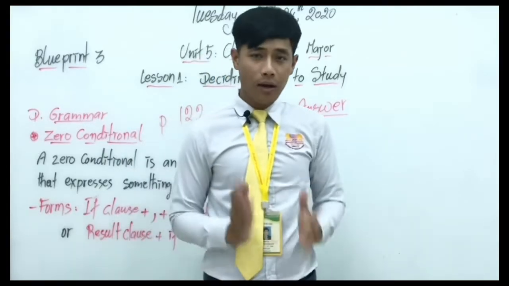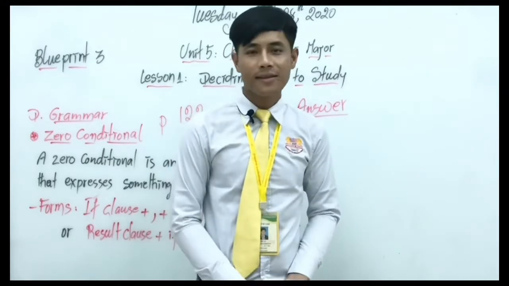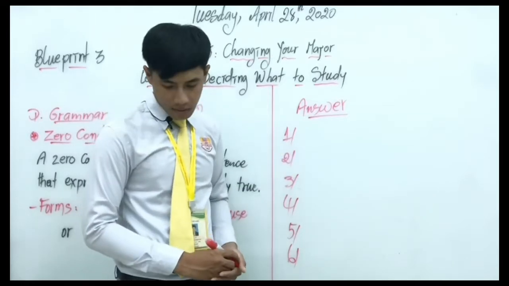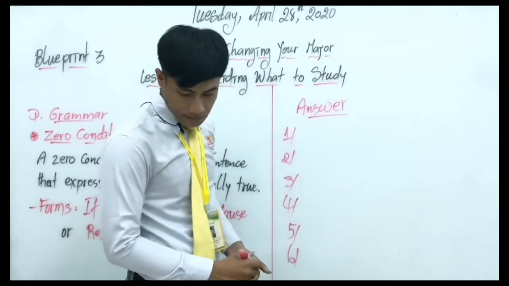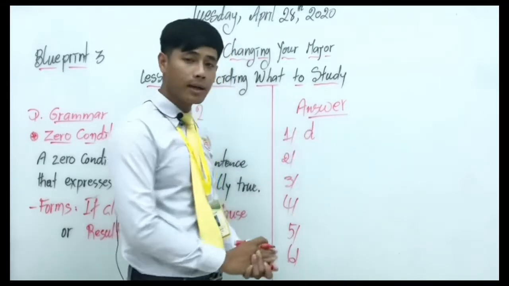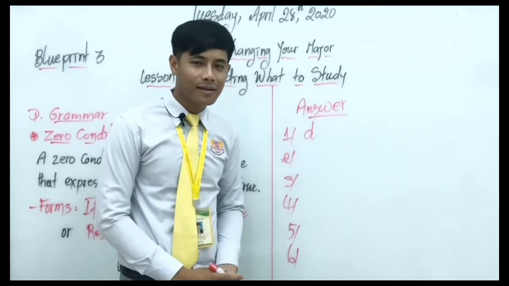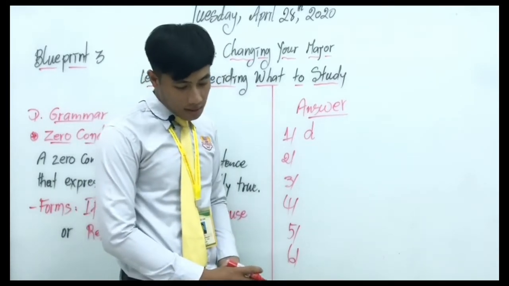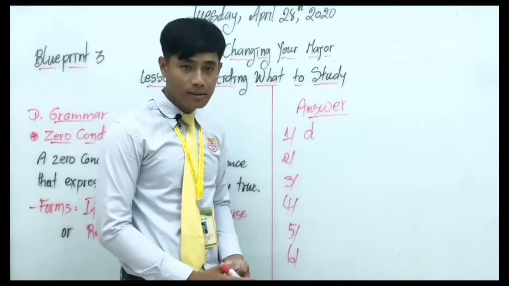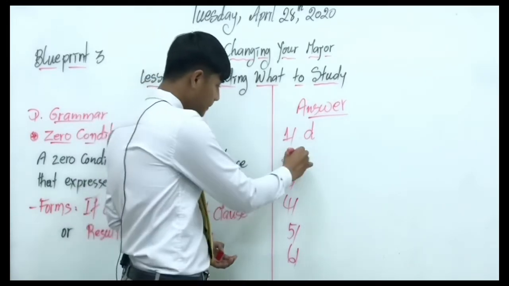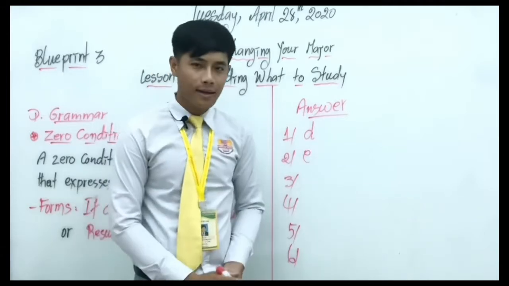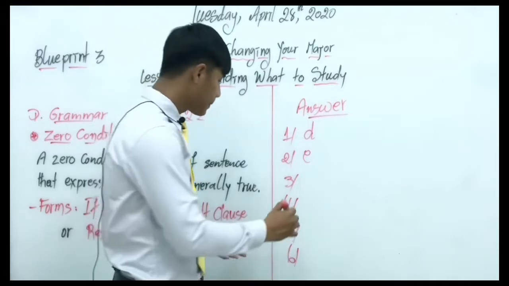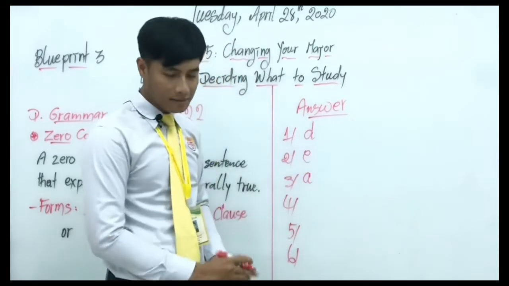Okay, are you ready? Let's check the answers all together. Number one, letter D. Is your answer correct? Let's move to number 2. Number 2 is if you go to a letter. The answer is letter E. Number 3 with letter A. Good.